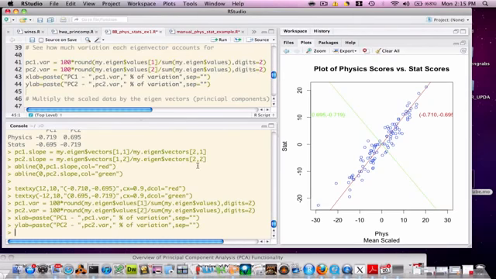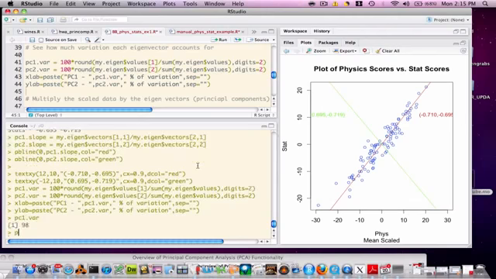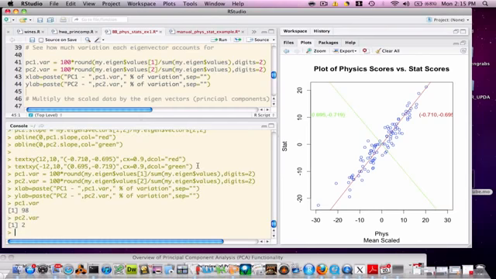So if we look, we see that PC1 accounts for approximately 98% of the variation. PC2 accounts for roughly 2%. So this gives us a pretty accurate estimate of how much variation each component accounts for.